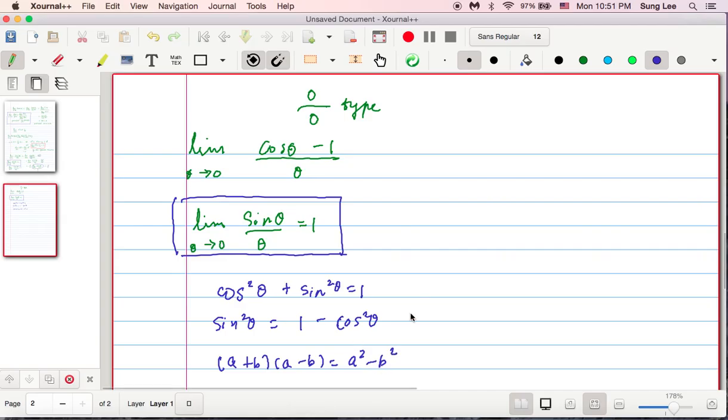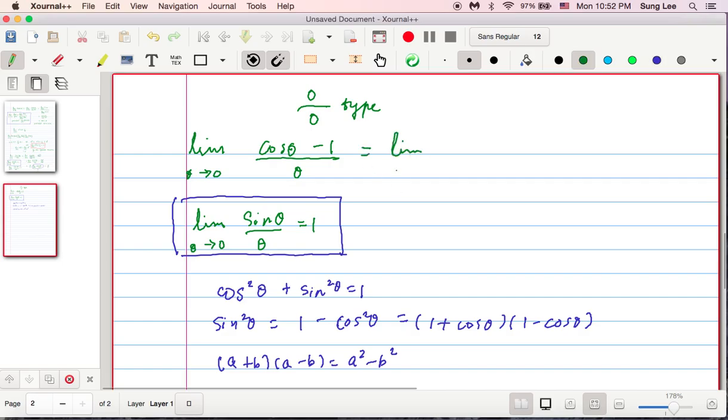It goes both ways. If you multiply these two, you get A squared minus B squared, or A squared minus B squared is factored into A plus B times A minus B, a conjugate pair. So 1 minus cosine squared theta is factored into 1 plus cosine theta times 1 minus cosine theta.